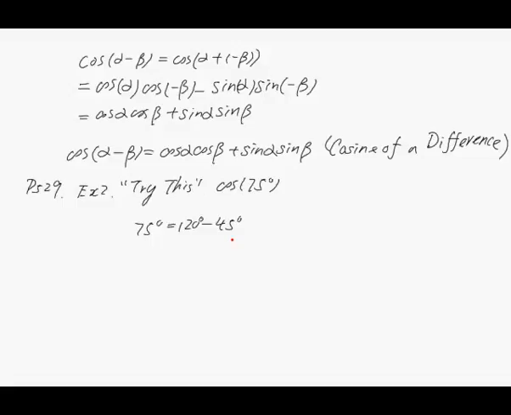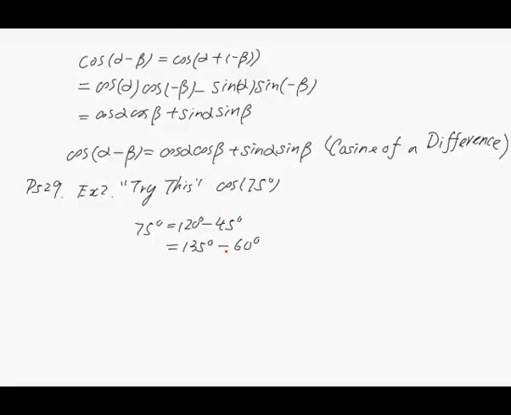And you can also rewrite this as 135 degrees minus 60 degrees. So the way is not unique, right? You have many different ways to rewrite 75 degrees as the difference of two angles for which you know the exact values of the sine and cosine.